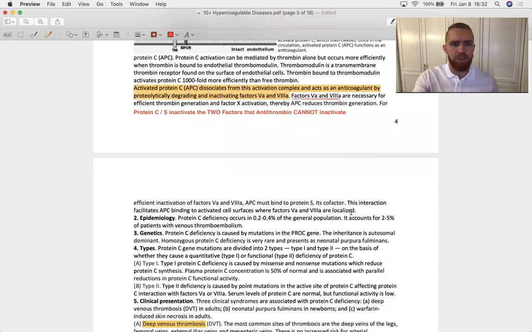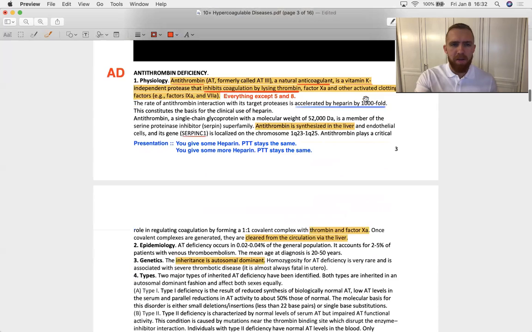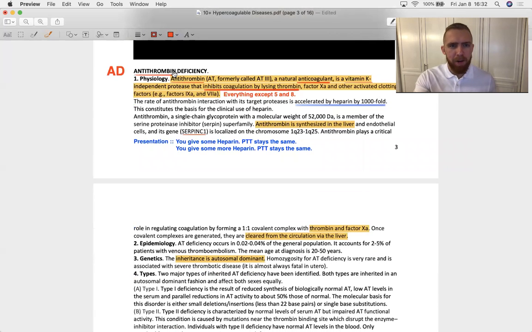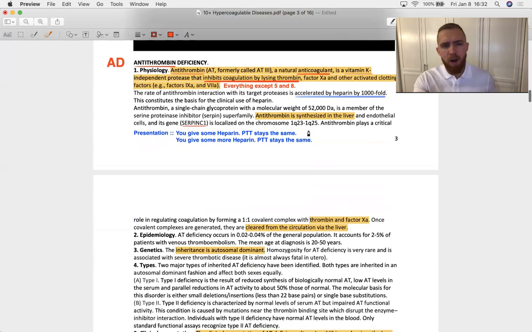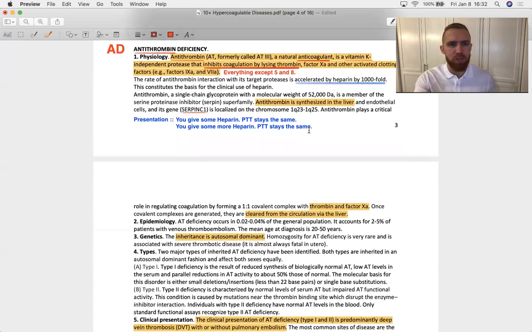So what do protein C and protein S do physiologically? Well, remember that antithrombin is LeBron James out here, balling, getting all the points, all the stats, triple-double this, triple-double that, except there's two clotting factors that antithrombin can't do anything about. So it's a serine protease.